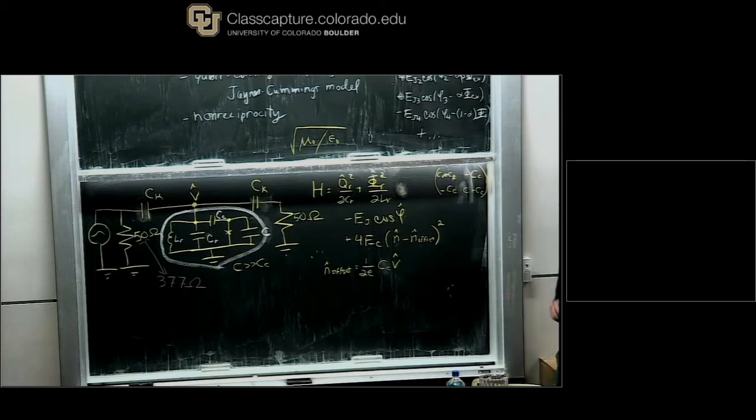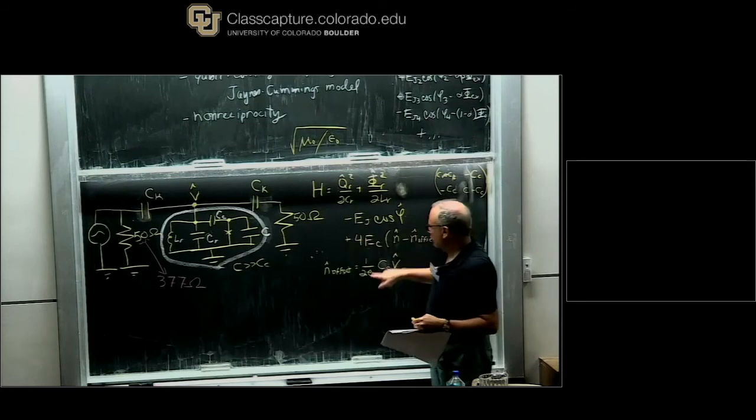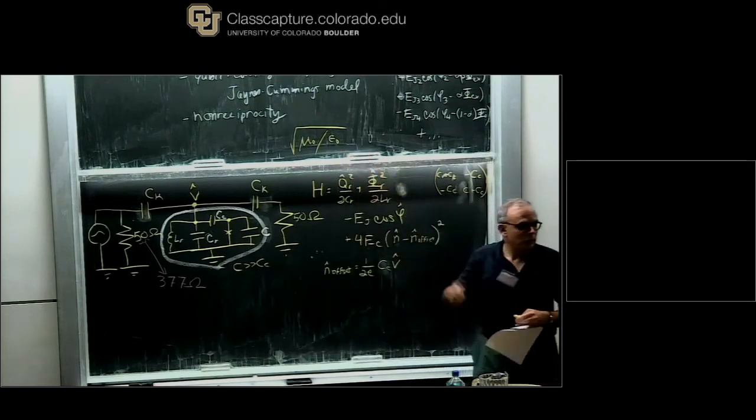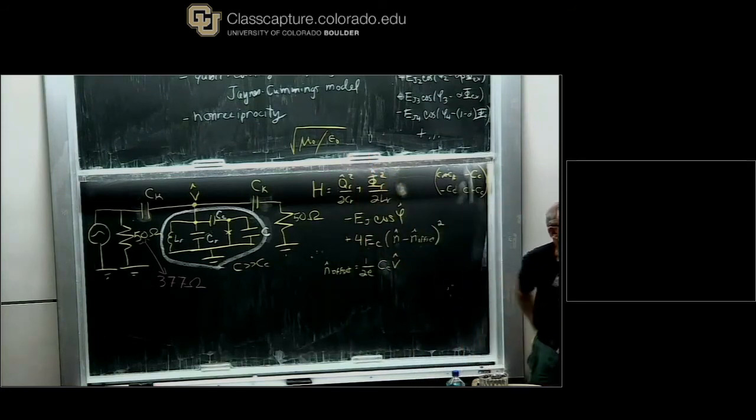I'll tell this story. It's presently known to like 15 decimal places, which is not so impressive, because a couple of years ago it was known to infinitely many decimal places, since it used to define the ohm, but it doesn't anymore. What defines the ohm presently is the von Klitzing constant, h over e squared, and you have to know the fine structure constant to get this number. So you have to measure the fine structure constant to know the impedance of space.